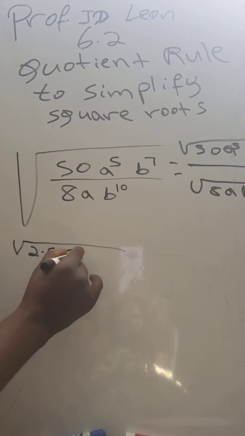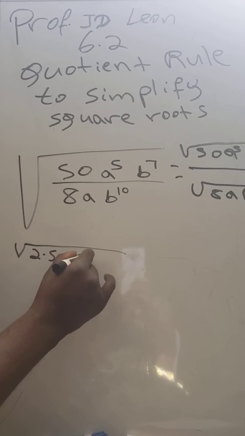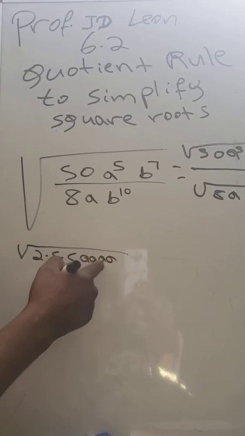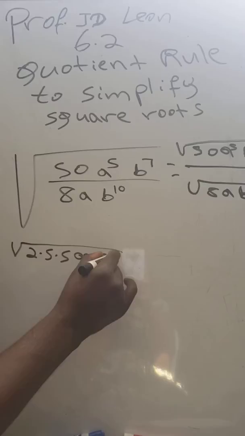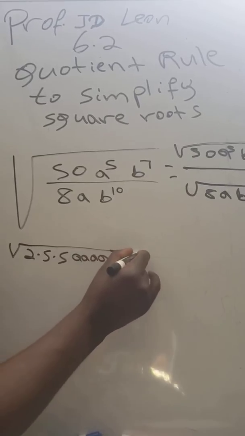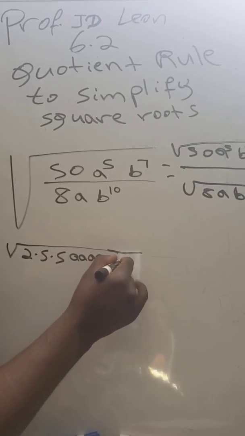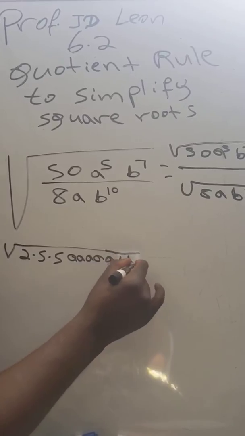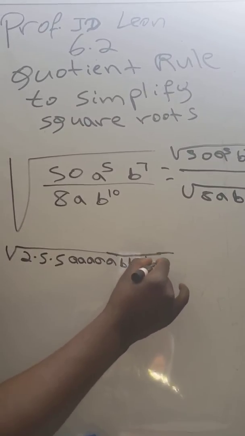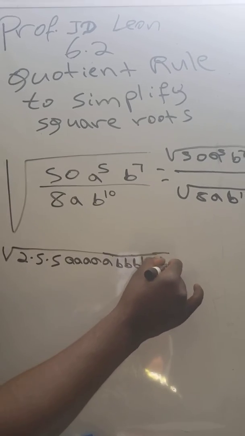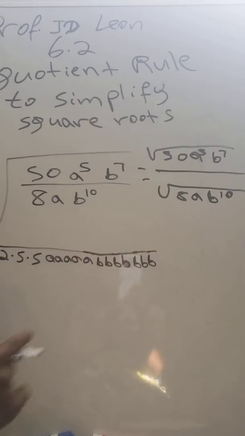For a, it would be a times a times a times a times a, a to the 5th power, and for b, it would be b seven times, because it's b to the 7th power.